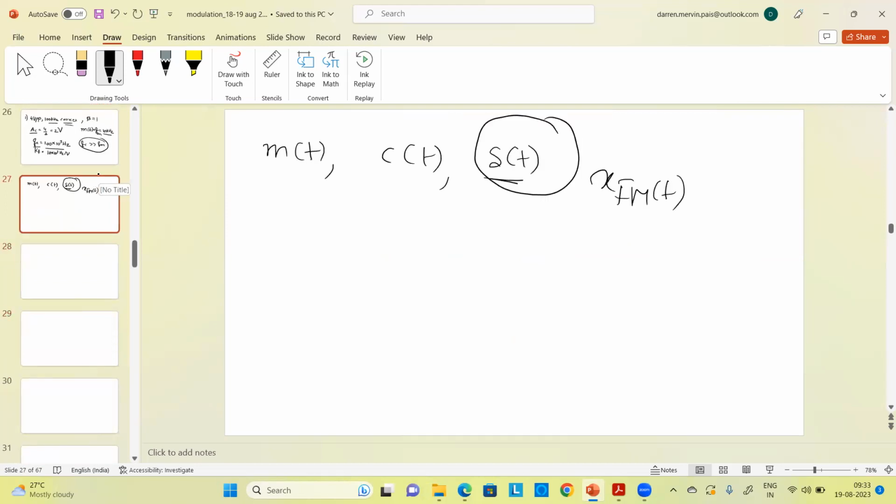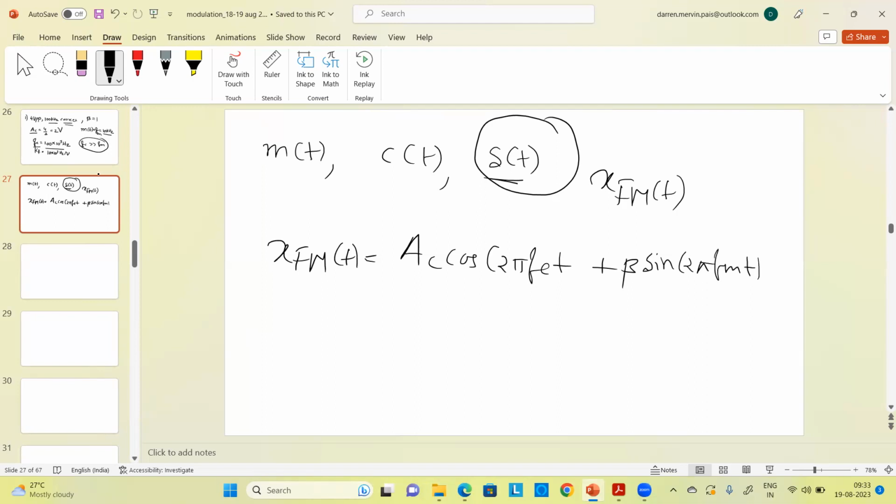Don't use the word S of T now. Now use the word X FM of T. That's the question. So it is AC cosine of 2 pi FC T plus beta sine 2 pi FM T.